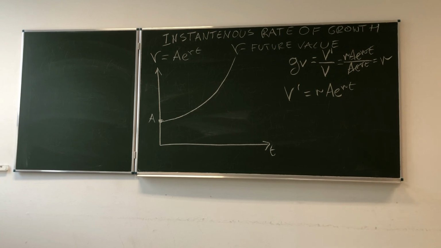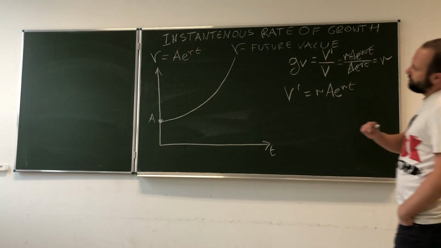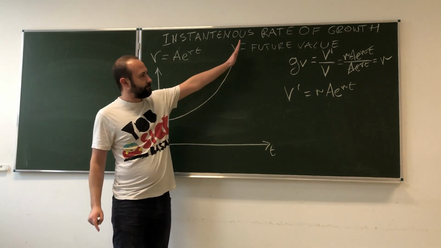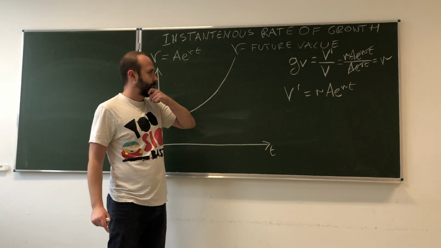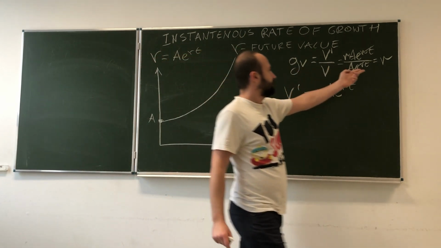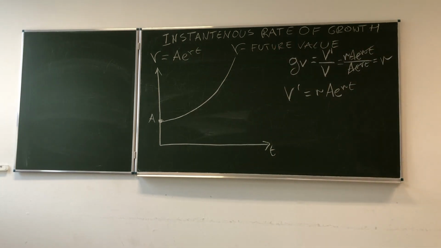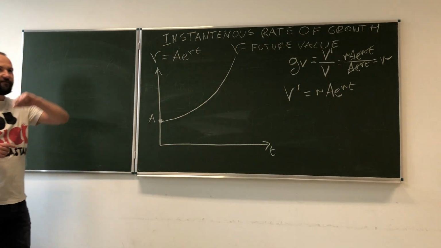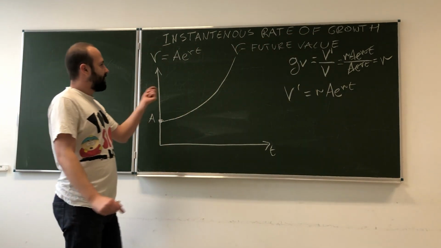This result might seem a little bit surprising, because we know that this function grows exponentially, but we get a rate of growth that is constant. So maybe we should make sure that this function definitely grows faster and faster.